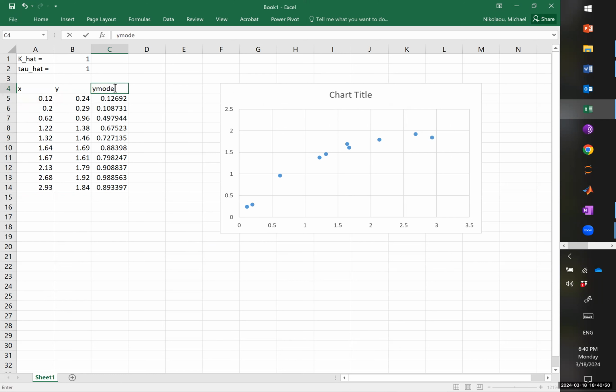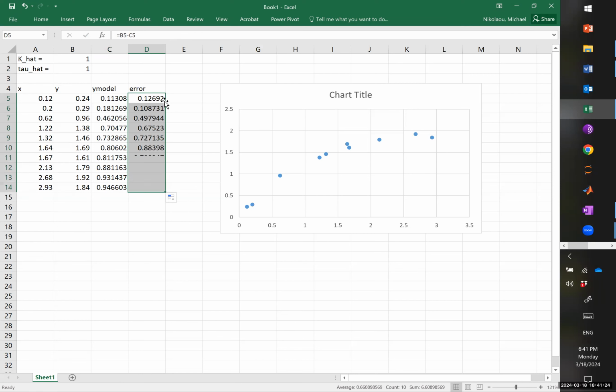So my model is going to be equal to K hat multiplied by 1 minus the exponential of minus this divided by tau. Okay, the error is equal to the measurement minus the model.